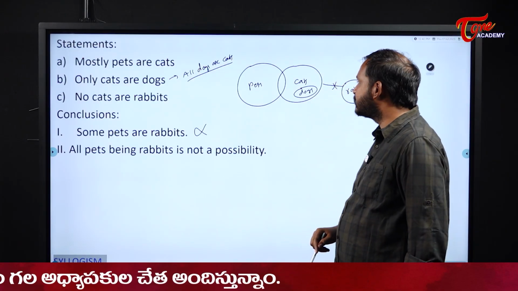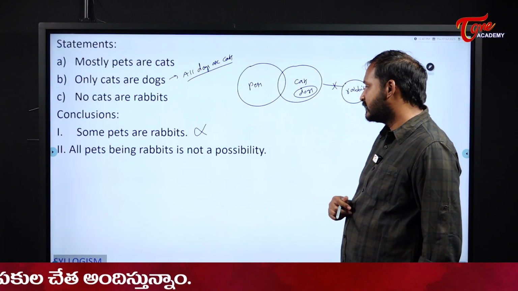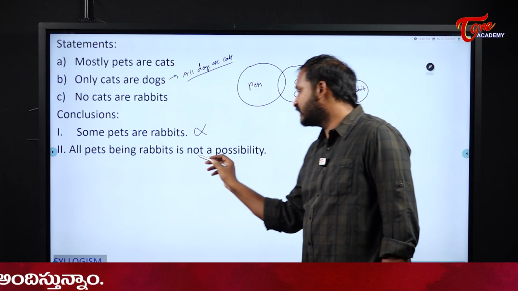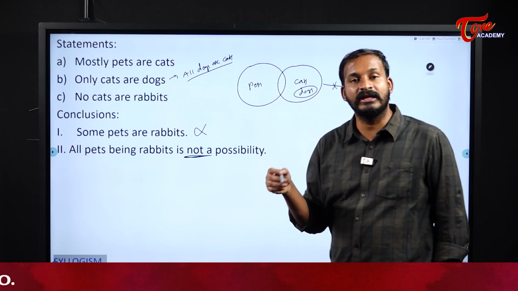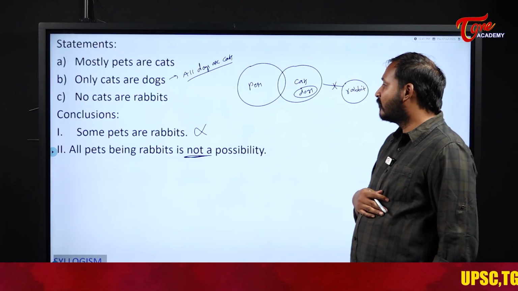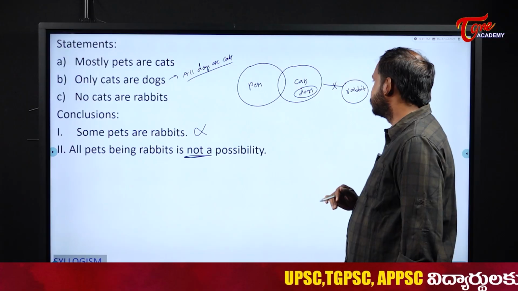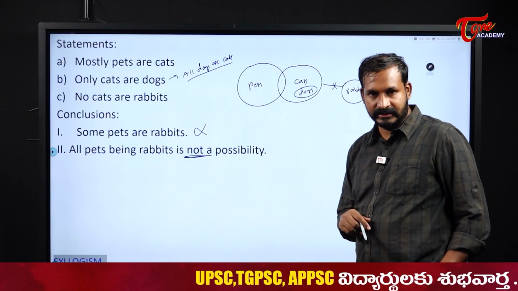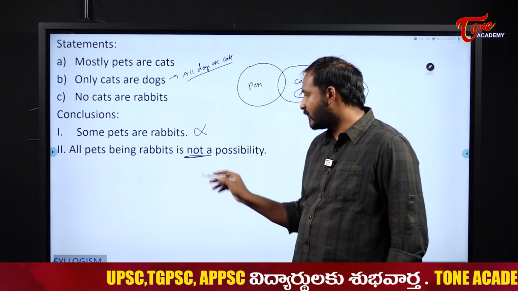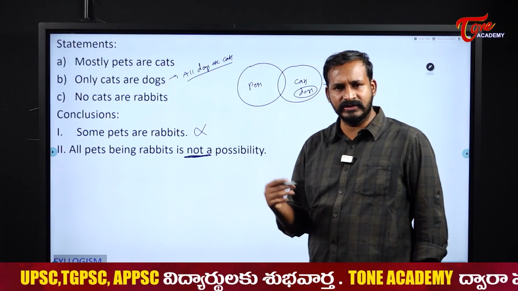Next, all pets being rabbits is not a possibility. Is it true or false? Here we will get confused.